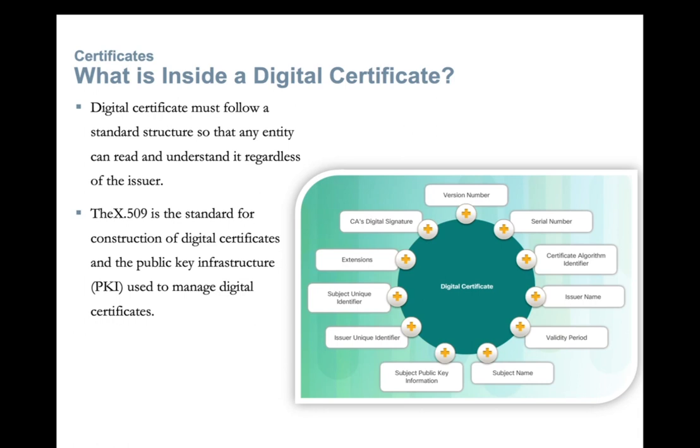And the subject public key, the owner's public key and public key algorithm used for this digital certificate. Then the issuer unique identifier, which uniquely identifies the issuer, the certificate authority of the digital certificate. And the subject unique identifier, it may be an organization or an individual, that uniquely identifies the owner of the digital certificate. And the extensions, the additional information pertaining to use of the certificate, for what purpose it is going to be used.